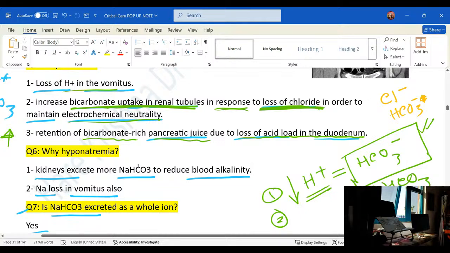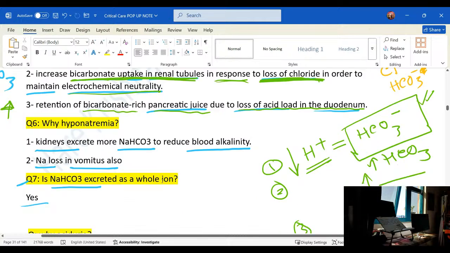Here we are saying we are losing bicarbonate to reduce the blood alkalinity, and there we need to gain alkalinity to prevent further damage because of acidosis. The kidney excretes more sodium bicarbonate to reduce blood alkalinity, and there is sodium loss in the vomitus.